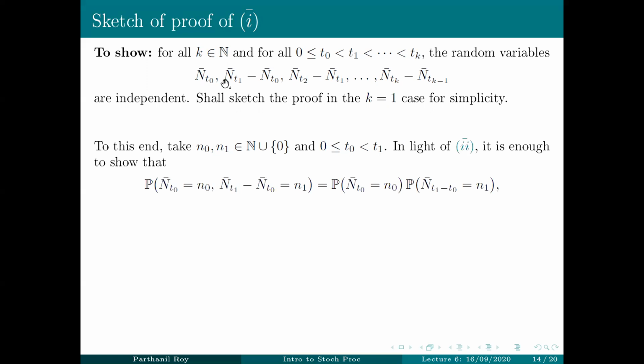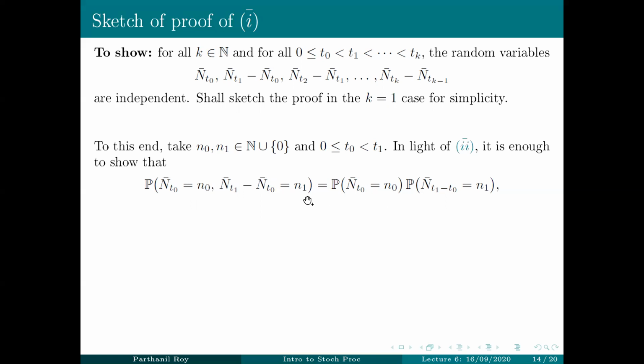So we have to show that these two are independent, which is the same as showing that the joint probability of n bar t0 and n bar t1 minus n bar t0 is the same as the product of these two marginal probabilities.